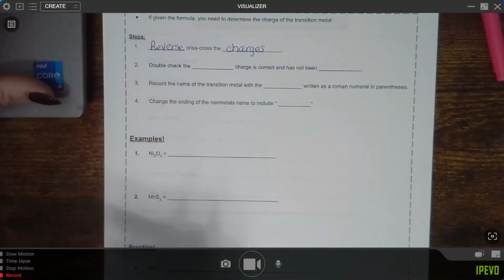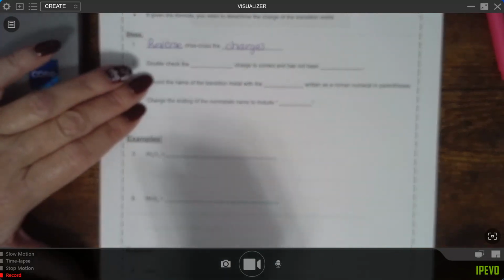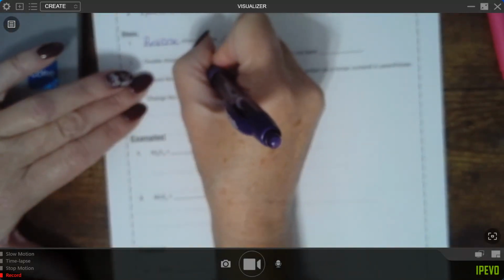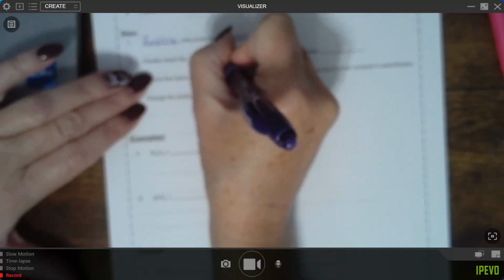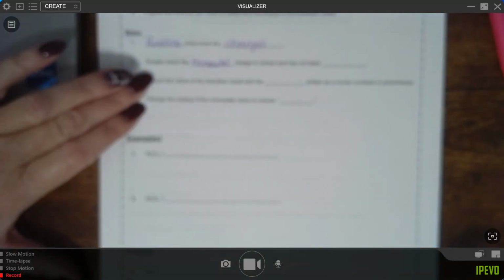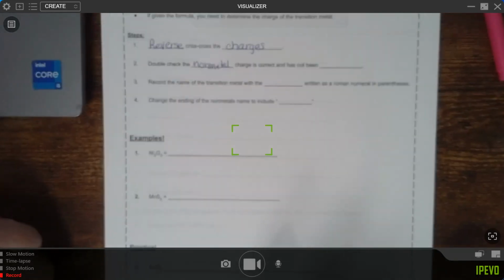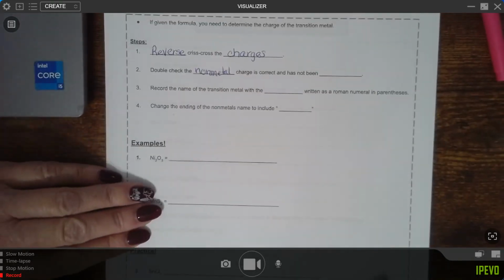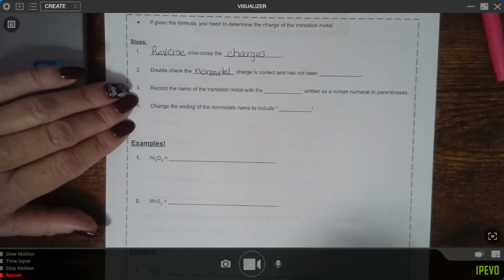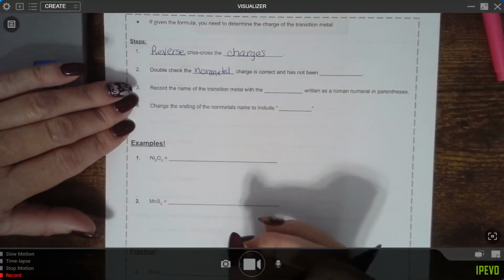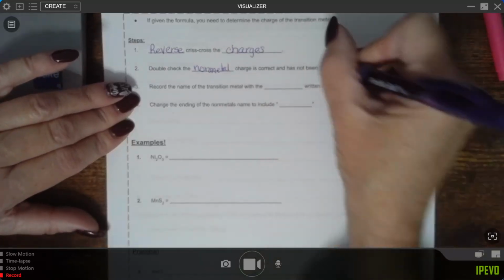Now when we do this, we've got to double check the nonmetal's charge to make sure that it hasn't been simplified.